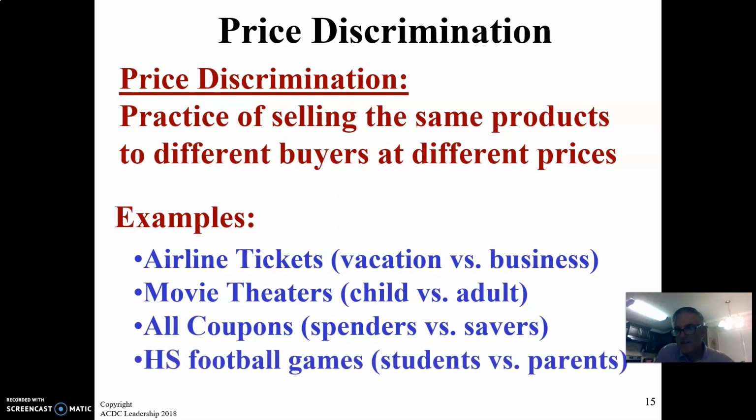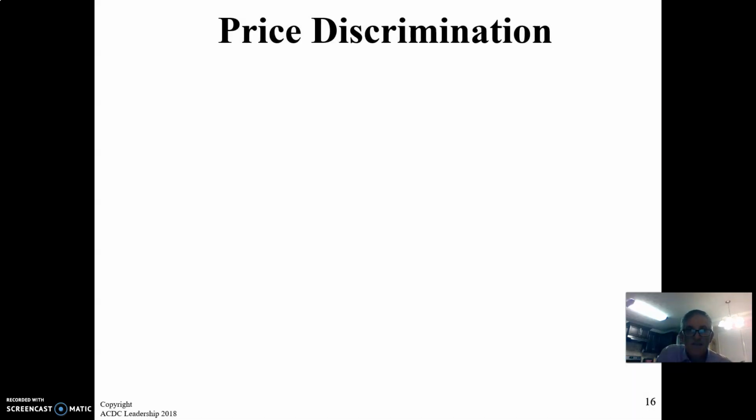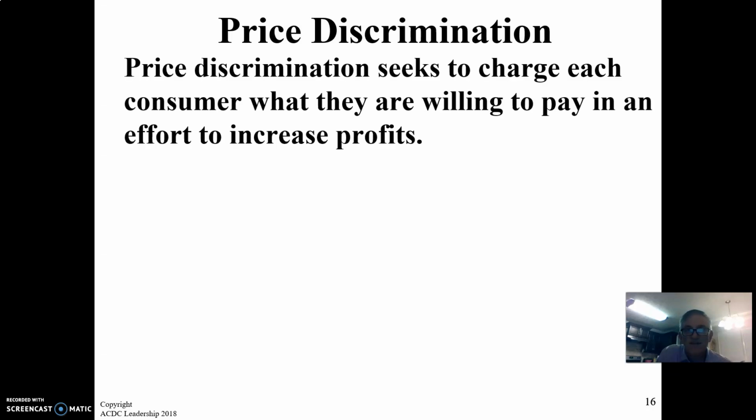And then even at football games, depending on if you are a student or just someone walking in the gate, you may get a different price based on some preset criteria.